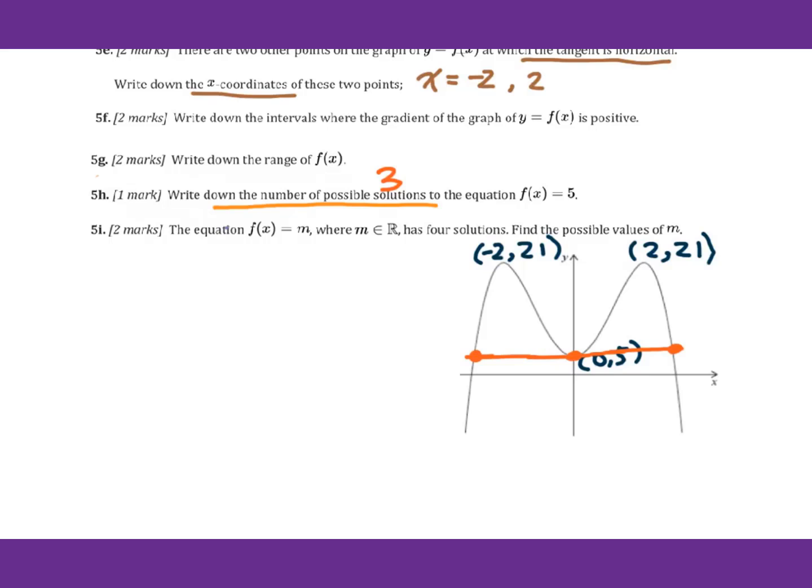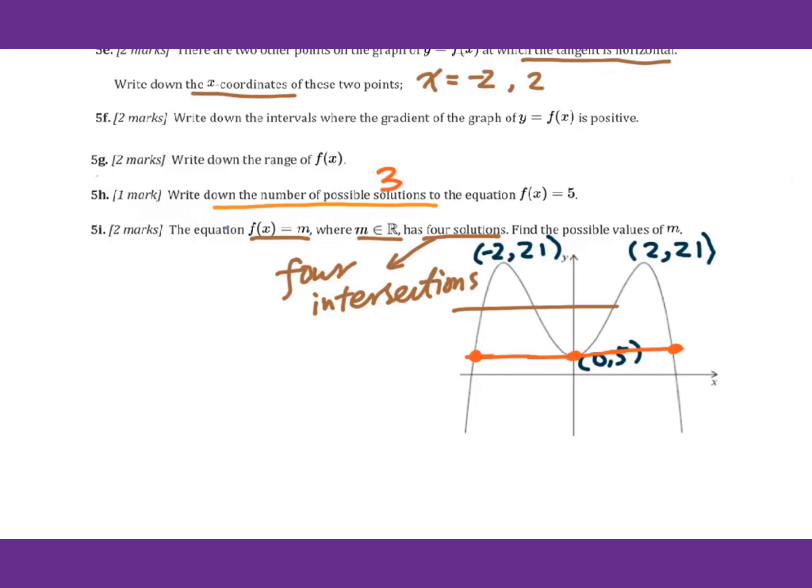For 5i, the equation f of x equals m, where m is all real numbers, has 4 solutions. 4 solutions, that means you have the horizontal line, you have 4 intersections. Find the possible value of m.